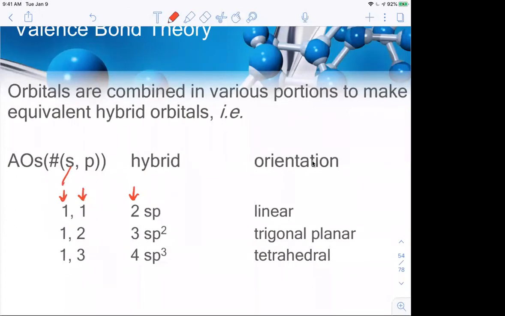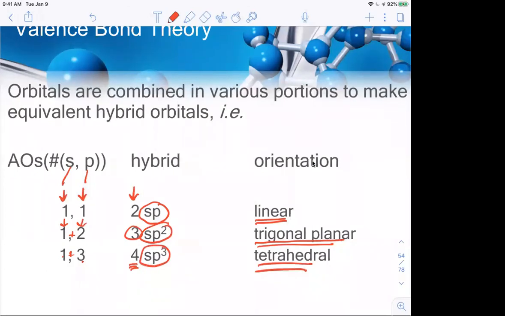If I have one s and one p, I get an sp. That results in a linear orientation. If I have one s orbital and two p orbitals, I get sp2, that gives me trigonal planar. If I have one s and three p orbitals combining, I get four hybrid orbitals, which are sp3.